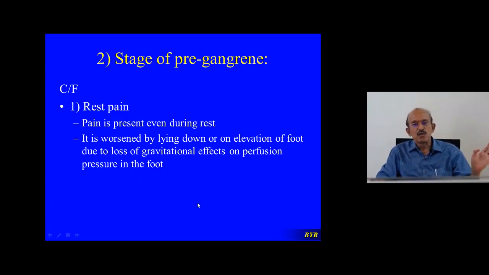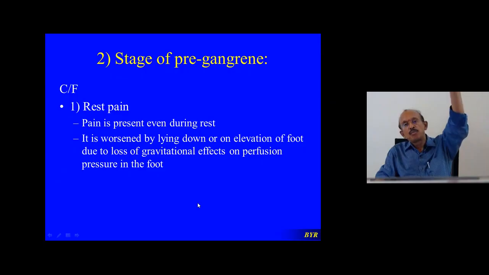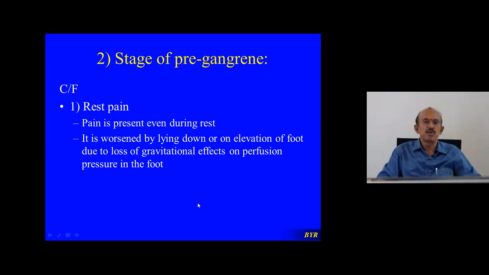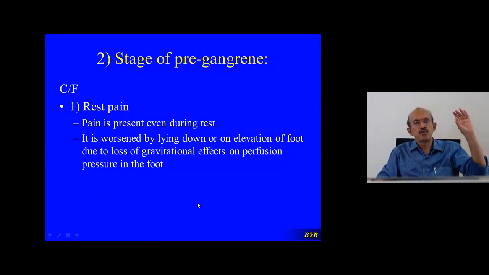Because pain is there, he wants to sleep, or he wants to be on the bed. So he lies down on the bed supine. Pain does not decrease. If he elevates the limb, pain gets aggravated. Whenever limbs are elevated, there will be vasoconstriction. Whenever limbs are in a dependent position, there is reflex vasodilatation.